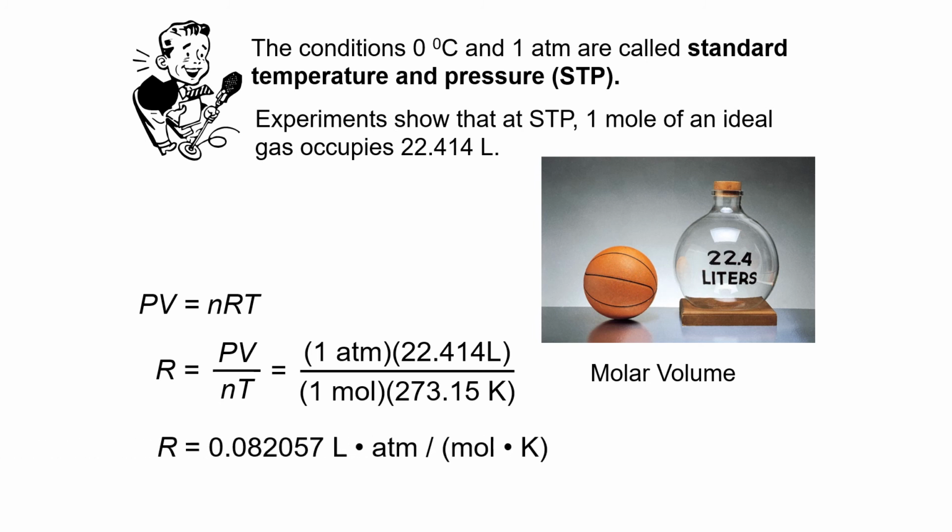And that gives us our ideal gas constant, 0.082057. We typically round this to 0.0821.